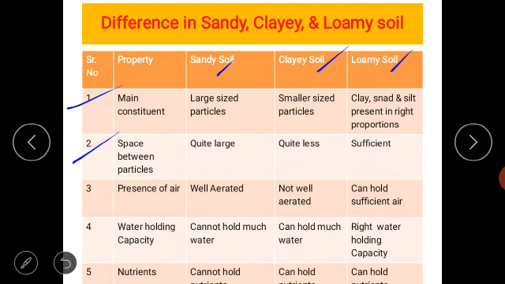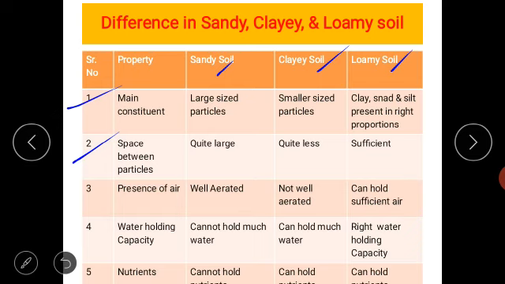The second property is space between particles. This is a very important property of the soil, because it decides the water holding capacity. And you know the importance of the water holding capacity of the soil. Due to it, the quality of the soil is determined, because it decides the efficiency of the soil to hold water, and that soil is good for agriculture, for growing crops.